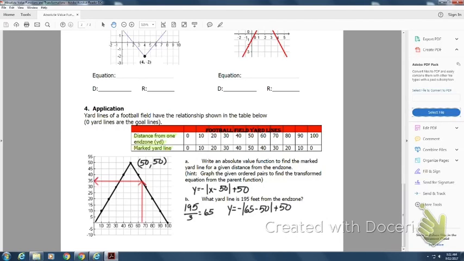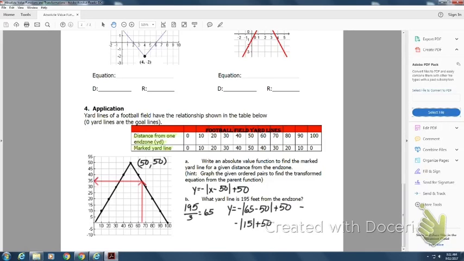65 minus 50 is what? 15. Zach, what is the absolute value of 15? How far is 15 from 0? 15. The absolute value of 15 is 15.